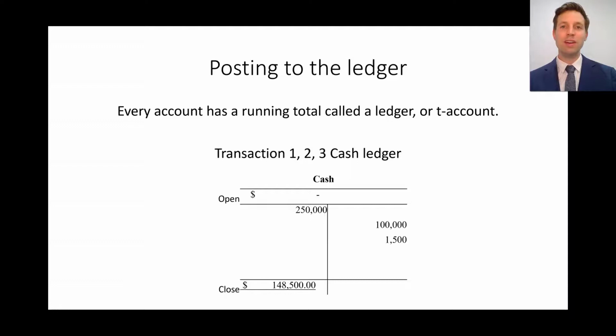So at the end of the period, our ending cash balance or closing cash balance will be $148,500. For every account the business has, they will have a T account or a ledger account, an opening balance, any additions, minus off any decreases to get you an ending balance.